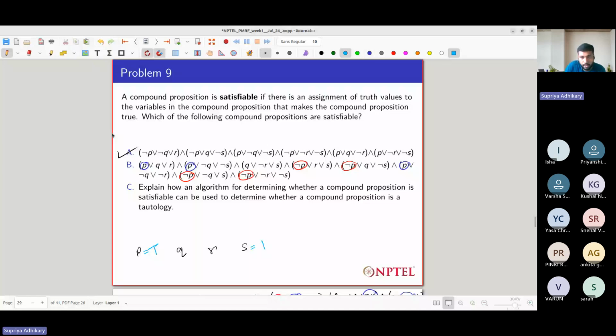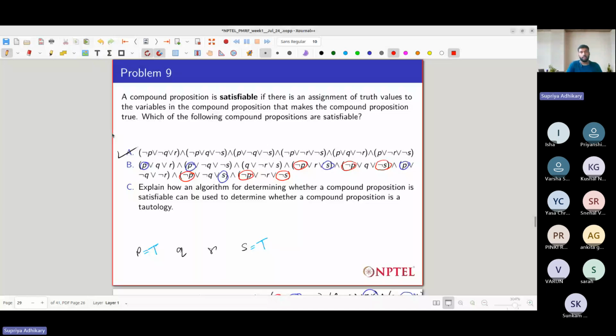Then S over here is true, S over here is true. And over here, these two, negation of S, will have the truth assignment F for these two clauses.